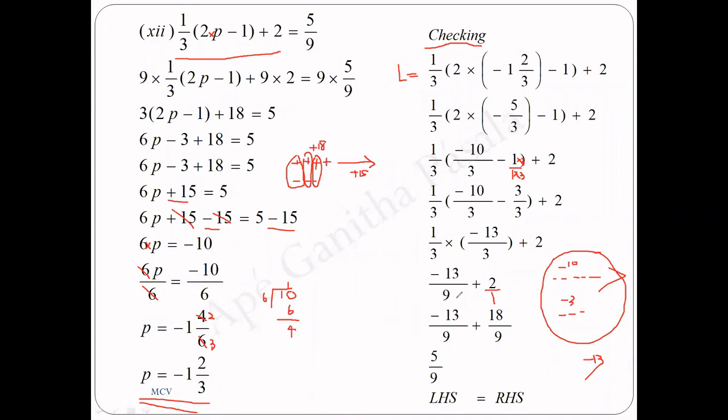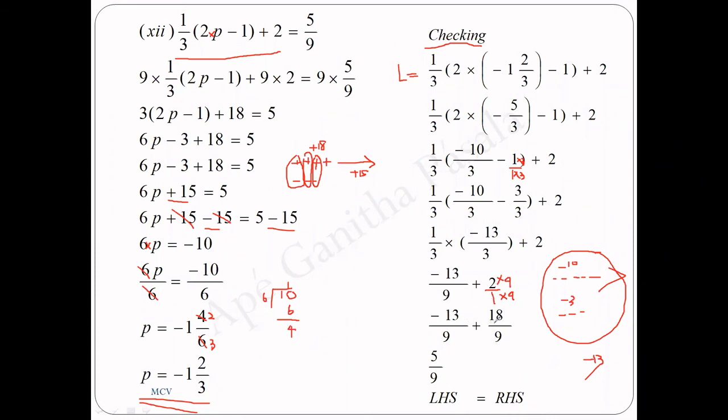Put 1 below the whole number as its denominator. So this can be written as 2 into 9, 18, and 1 into 9, 9. 18 over 9.